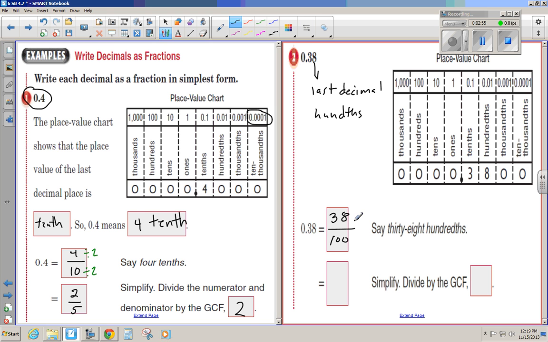Looking at these, I'm not sure what the greatest common factor is, but I do know that this is divisible by 2. So when I divide this by 2, it becomes 19. This becomes 50. And right there, since 19 is prime, you know that the greatest common factor was 2.